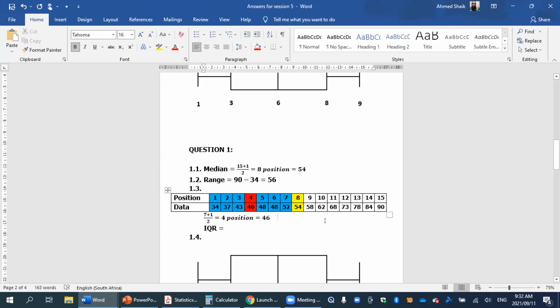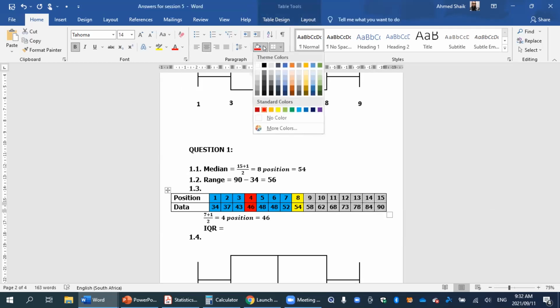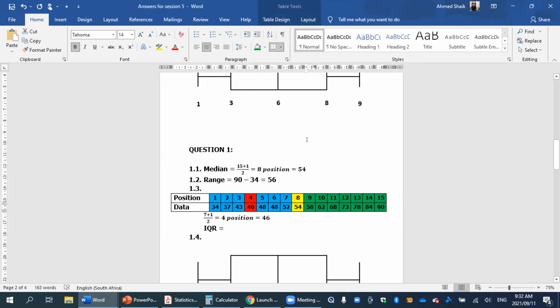Okay, let's work out our Q3 value. So we're looking at the upper half of our data set. And we can see we have 1, 2, 3, 4, 5, 6, 7 values here.